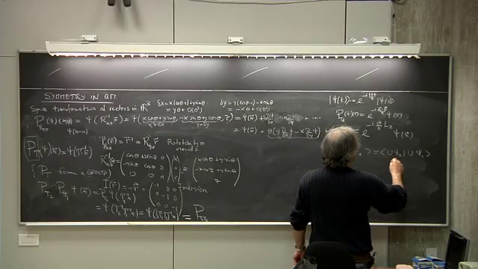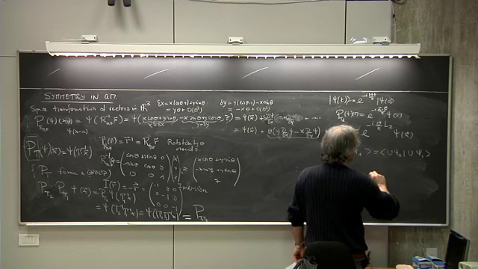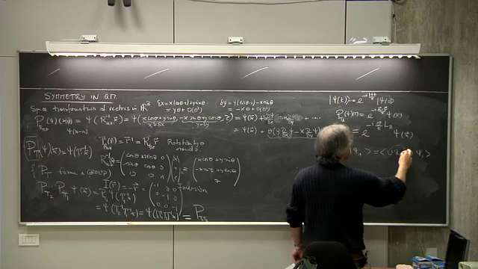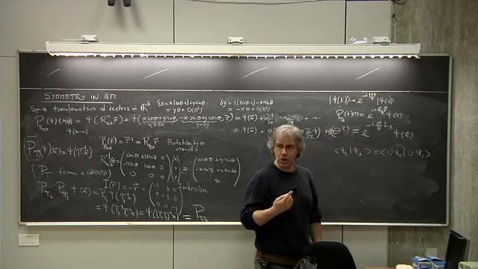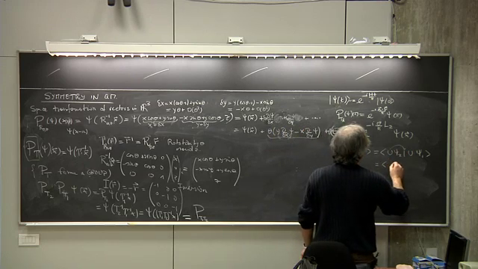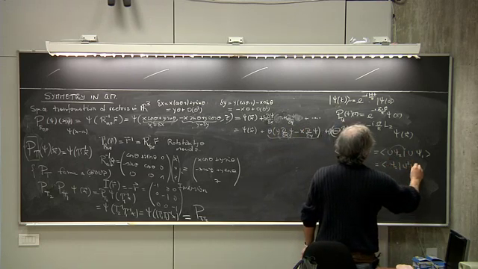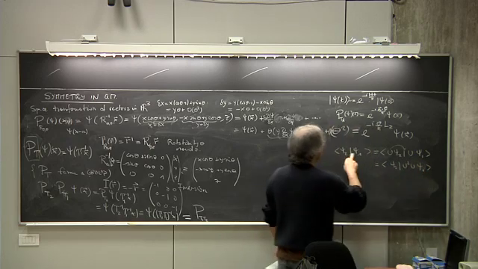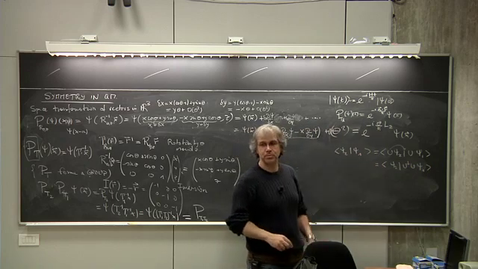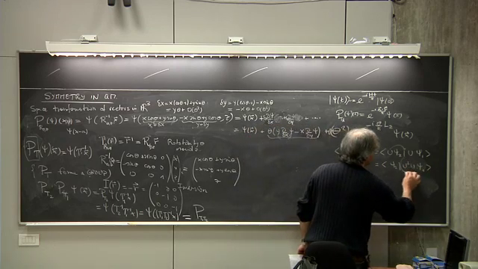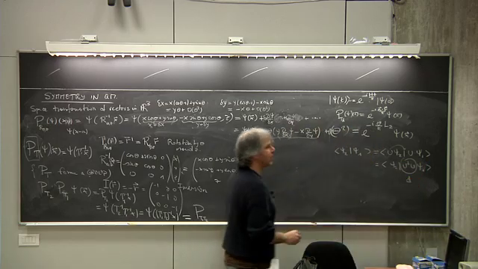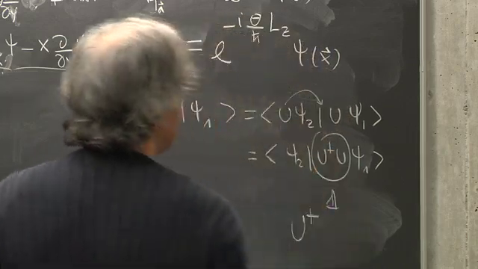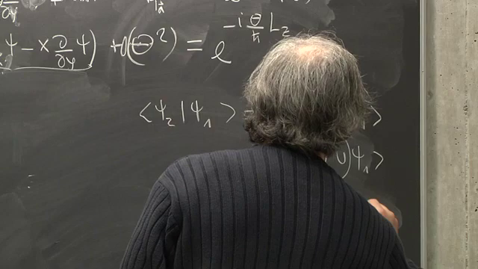Now you realize that this implies that if you bring the operator over here, it becomes the Hermitian conjugate. This is telling you that psi2, Hermitian conjugate of u, times u psi1, is equal to psi2 psi1 for any pair psi2, psi1. Which means that this object here has to be 1. So which also means that u dagger is exactly equal to the inverse.